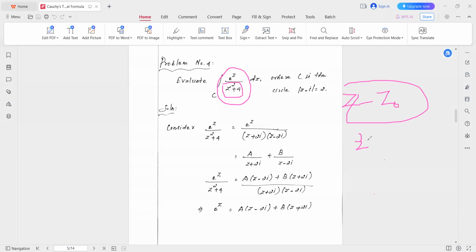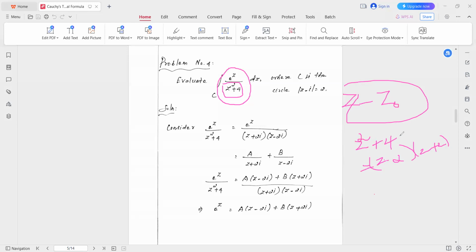We know z square minus 4 can be written as z minus 2 into z plus 2, isn't it? But instead of minus 4, here we have plus 4.